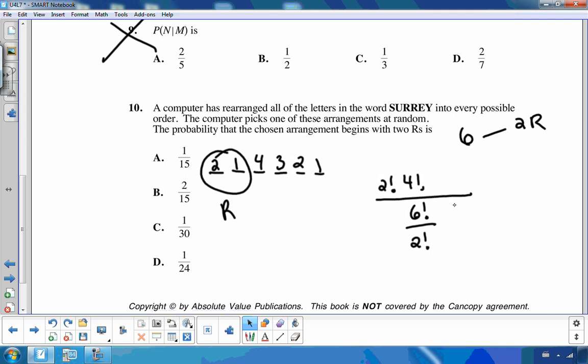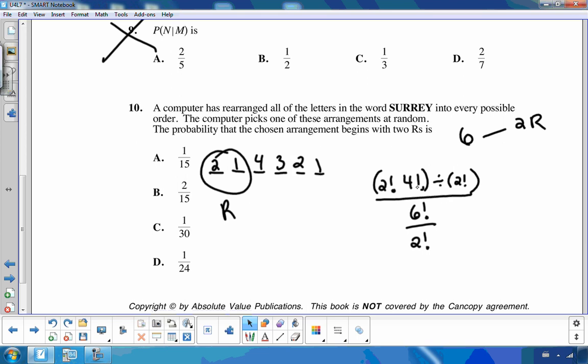So I can plug all of that into my calculator. After, of course, I have to divide this by 2 factorial. Sorry, I forgot that step. Okay, so let me just say why I did that: because the R's are repeated. So remember, you figure out the ways of arranging it without any repetition and then divide by the repetition.